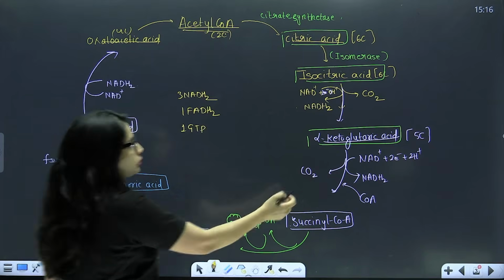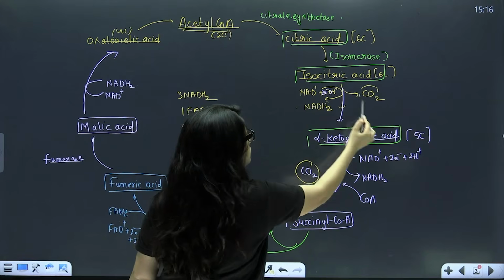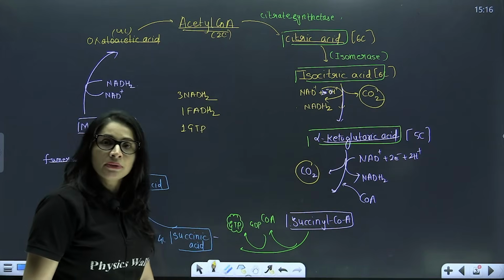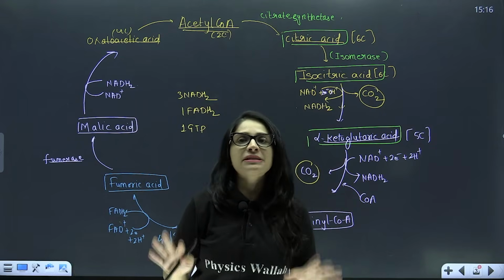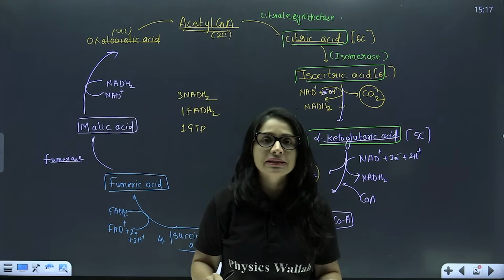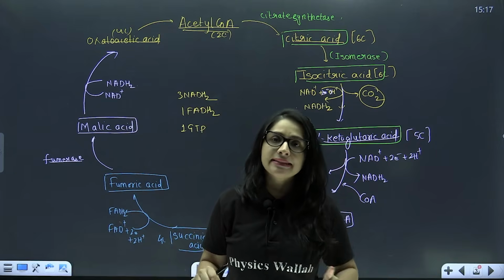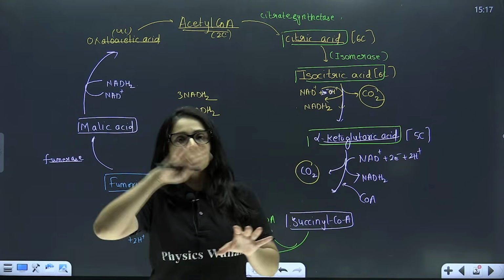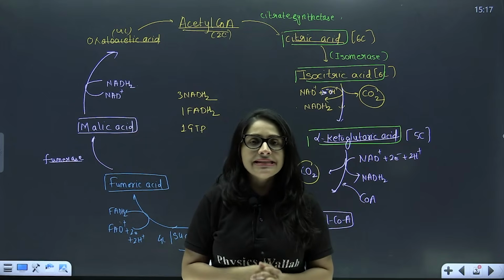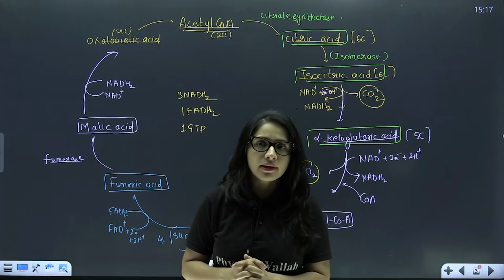Apart from this, we have also generated 2 molecules of CO2. Yes or no? So this is the whole concept of the Krebs cycle, where in order to oxidize 1 molecule of acetyl coenzyme A into 2 molecules of CO2, this whole drama takes place inside the matrix of mitochondria.